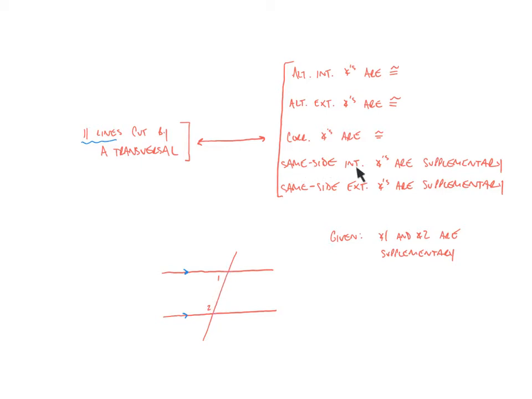So if you have same side interior angles and it turns out that they're supplementary, well, the only way that's possible is if those 2 lines that were cut by the transversal are parallel. So this lesson is just about us taking these conclusions to prove parallel lines, rather than being given parallel lines to make these conclusions. It's the opposite of our previous lesson.